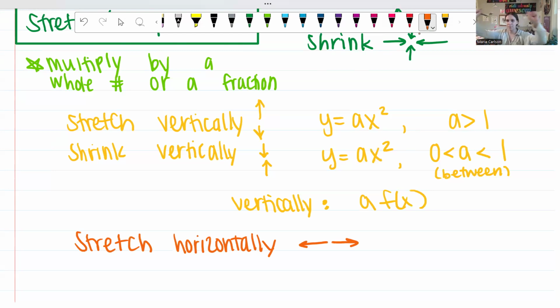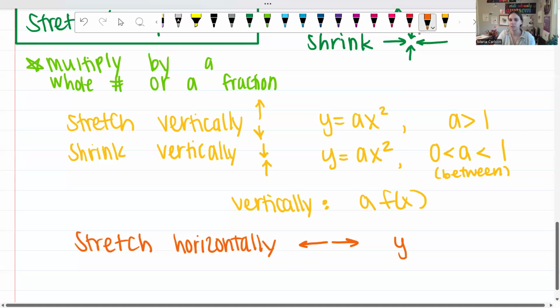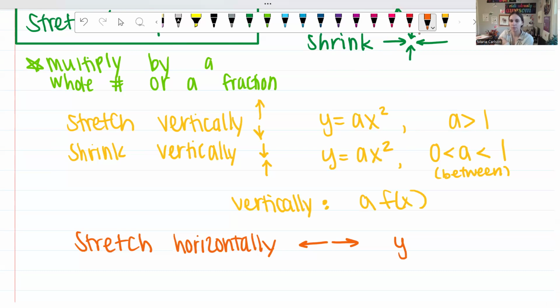So think about taking the parabola and pulling it outwards. This is going to happen by taking our parent function and multiplying just x by a number. So I am going to multiply in parentheses a times x, squared. All of it's being squared now, and the a is inside with x. We're affecting those x values, working horizontally. And a here is between 0 and 1. So to stretch your graph horizontally, you're going to multiply a in with x, and a is between 0 and 1.